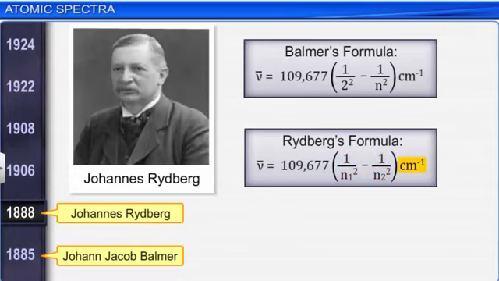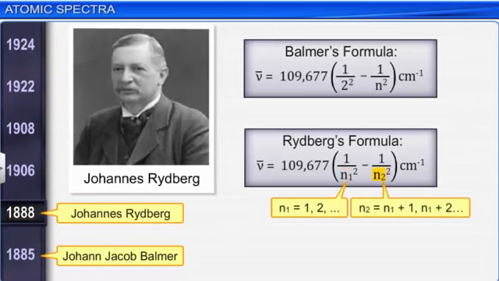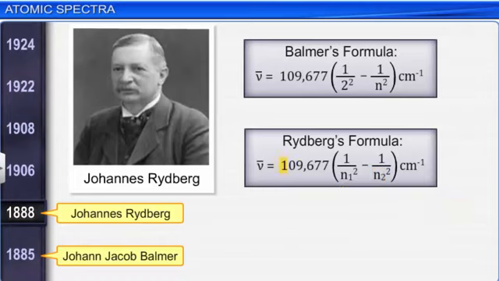Here, n1 is equal to 1, 2, 3, etc., and n2 is equal to n1 plus 1, n1 plus 2, etc. The value 109,677 per centimeter is called the Rydberg constant for hydrogen.